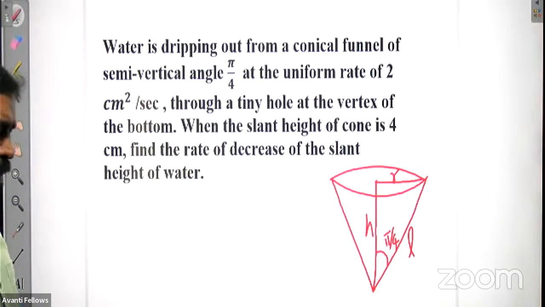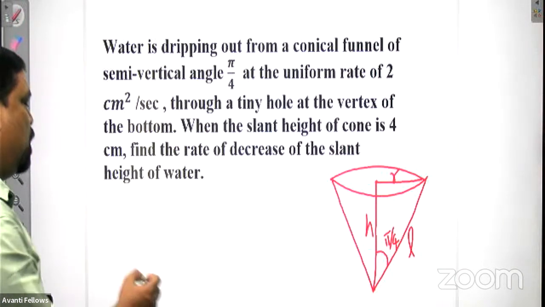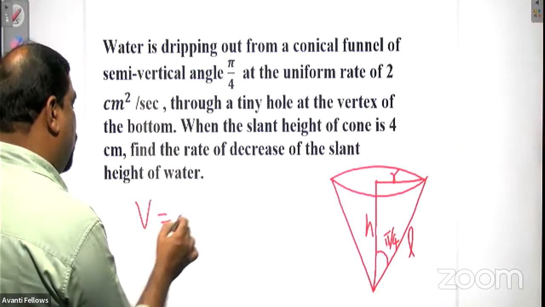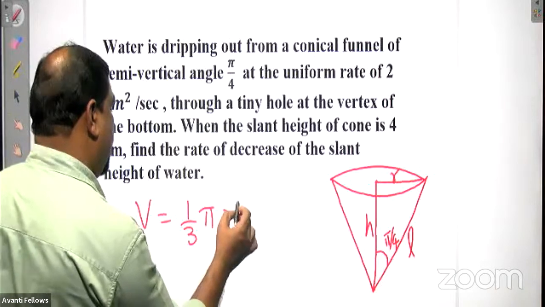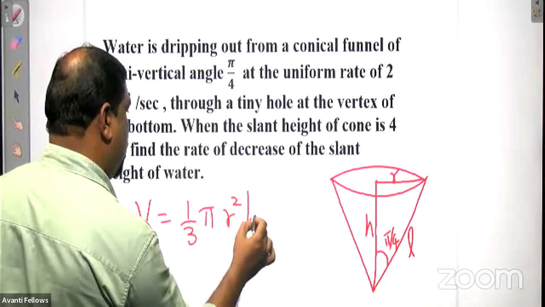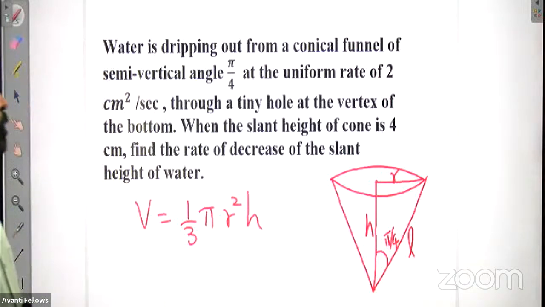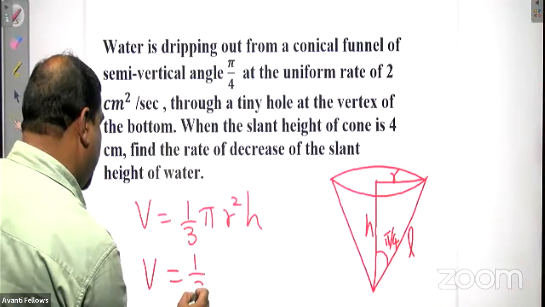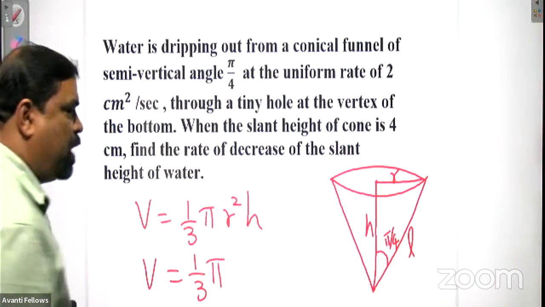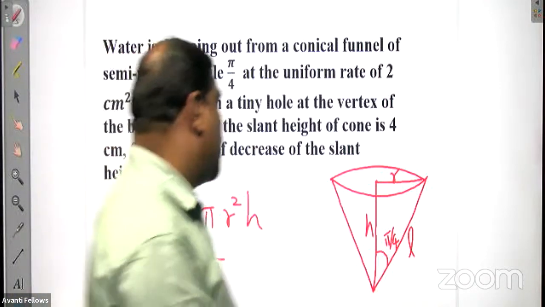So as in the previous question, the volume of the cone is 1 by 3 pi r square h. Now, this can be modified further, just like the previous question, we can connect r and h.